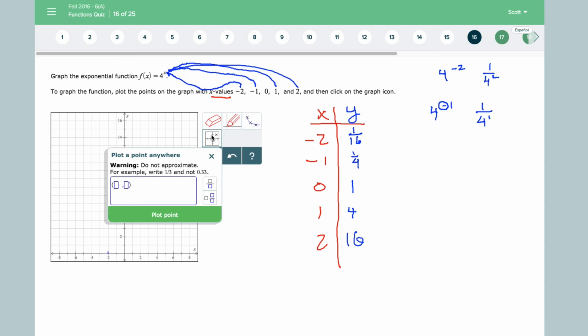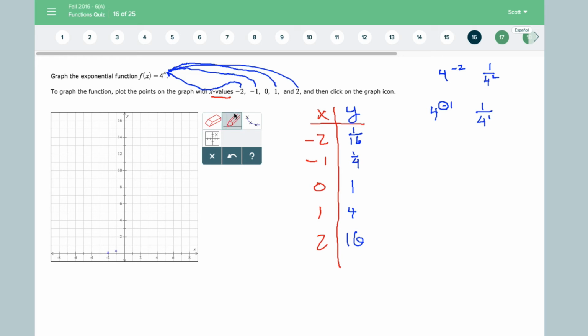Okay. -1, comma, 1 over 4, plot point. Now the rest of these are whole numbers, so I can easily just do it this way. 0, 1 is right there. 1, 4 is right there. And 2, 16 is right there. Once you have all the points plotted, you just click this button to draw the line. And there's your function.